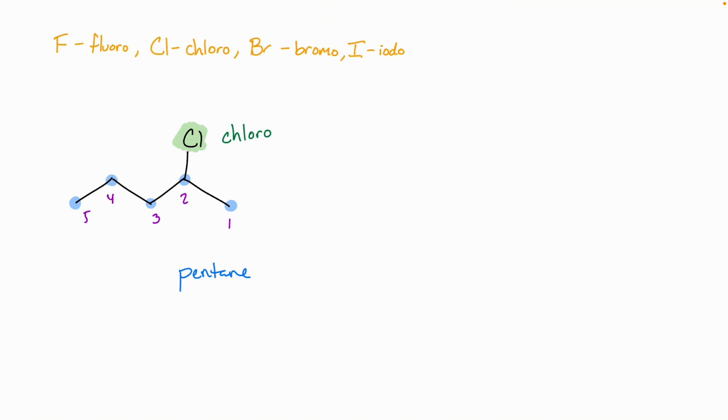And so this would be a 2-chloropentane. All one word. We don't put methyl. It's not a methyl group now, it's a chloro group, right? Because it's a chlorine. If it was a CH3, it'd be a methyl, but there's no carbon. It's instead a halogen.